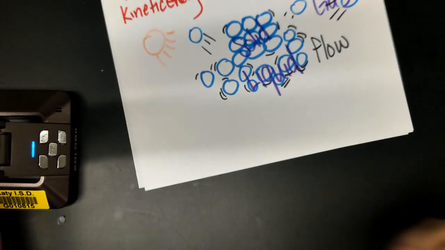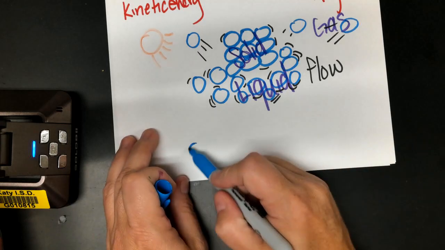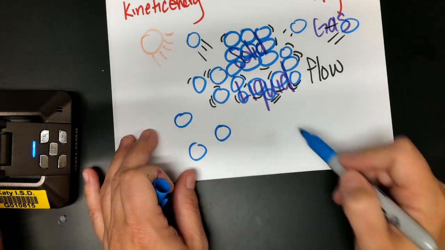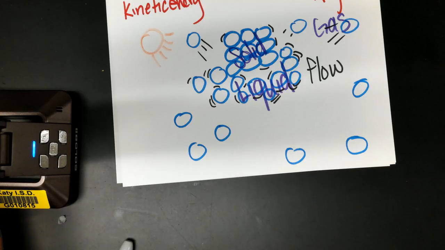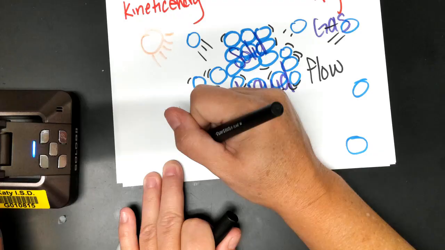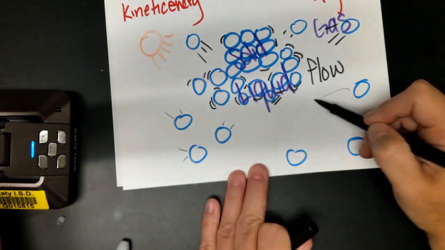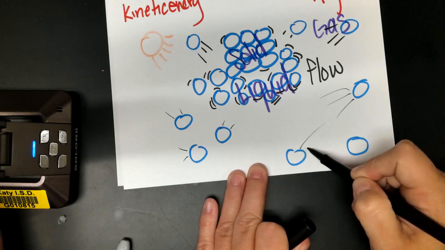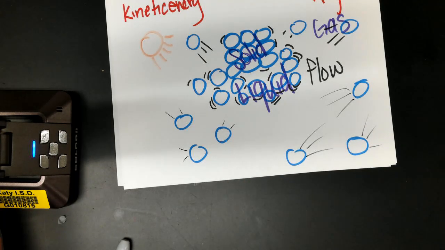One more thing about kinetic energy in gases. They might be closer together and they might be really far spread out. If a substance is a gas, it has kinetic energy, but some still might have a little less than others, which have a lot and they're moving faster and farther. So even within a gas, molecules can have different amounts of kinetic energy.